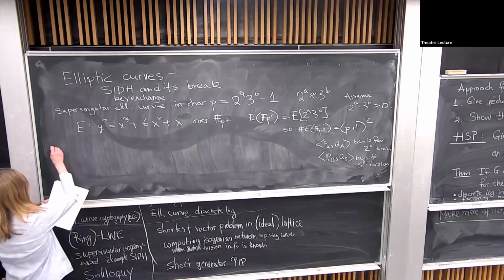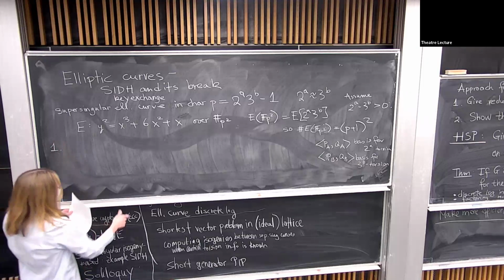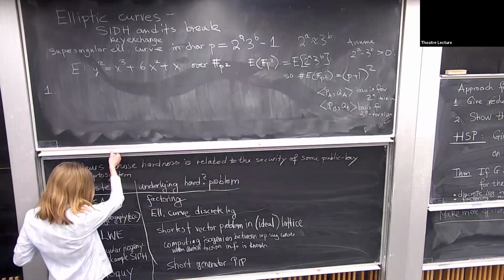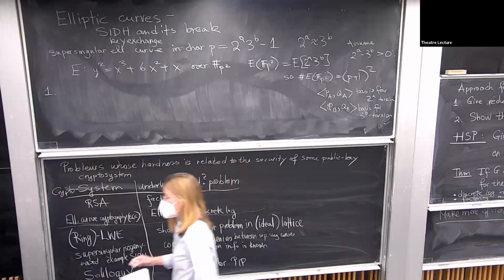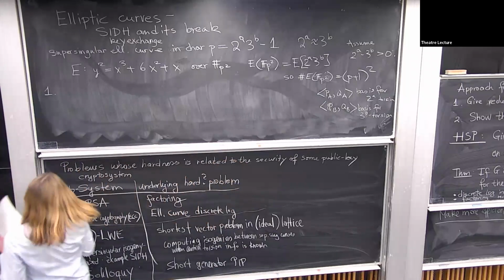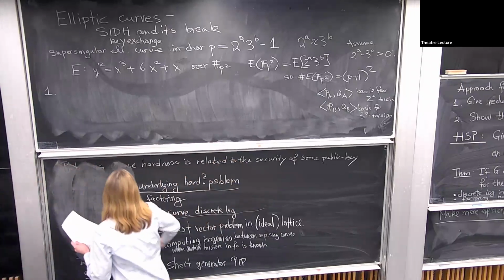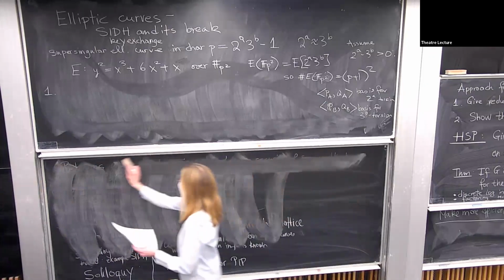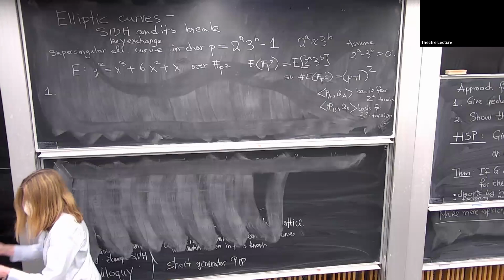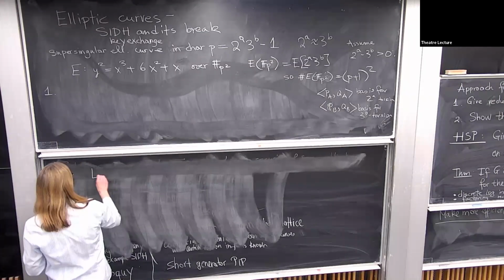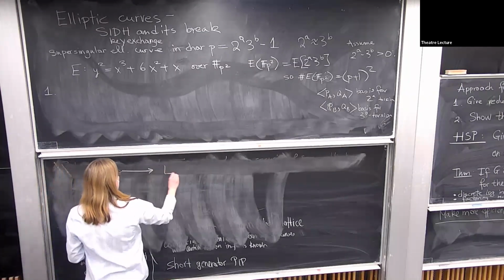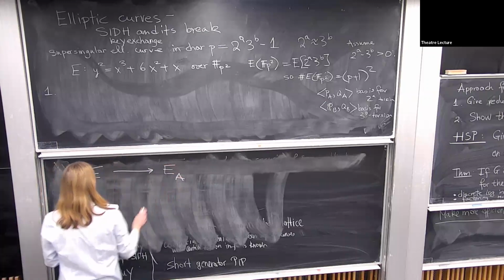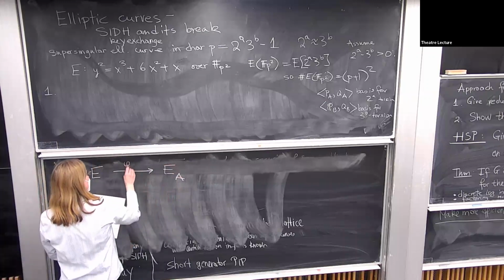So Alice chooses a secret isogeny. We have the starting curve E, and Alice chooses a secret isogeny to some curve E_A.